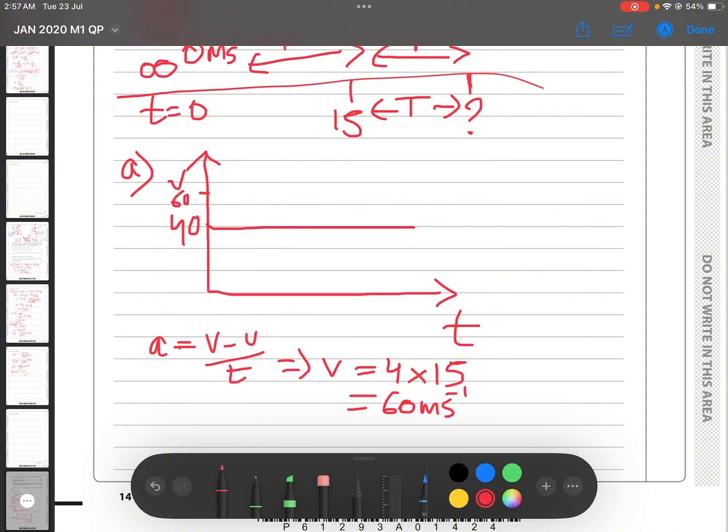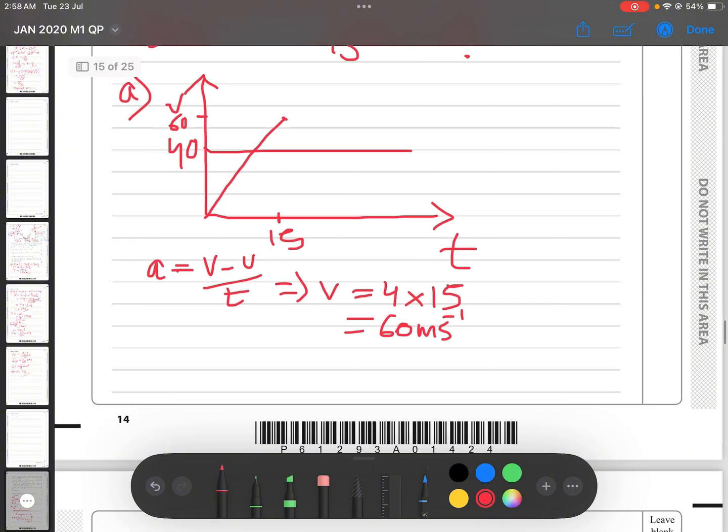So for 15 seconds, it travels up with constant acceleration, and then it travels up with a further 1 meter per second squared. Again, we can follow the equation: acceleration equals (v minus u) over t.